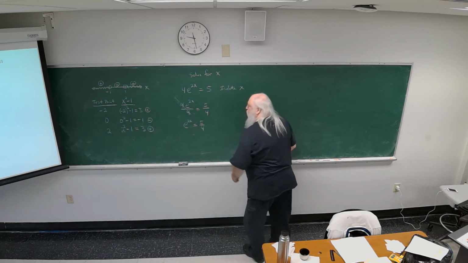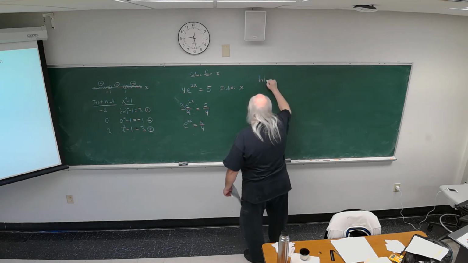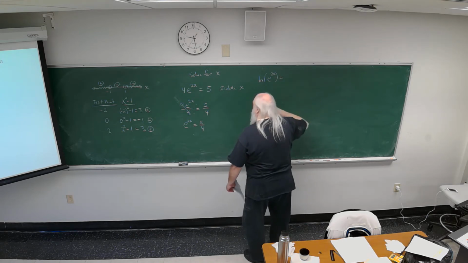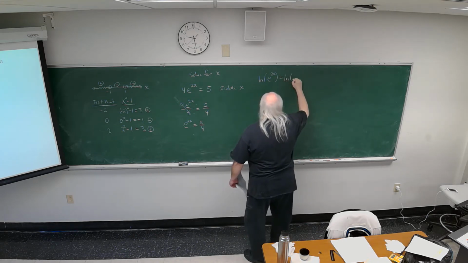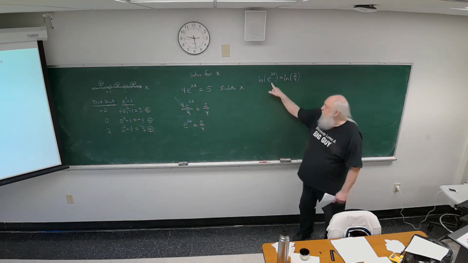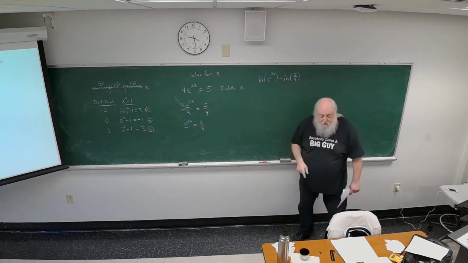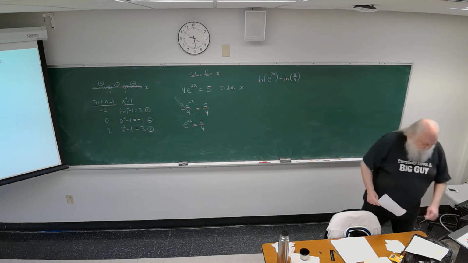Left-hand side equals the right-hand side. So we can take the natural log of the left-hand side, and that has to equal the natural log of the right-hand side. So this argument going into the natural log function is equal to this argument going into the natural log.